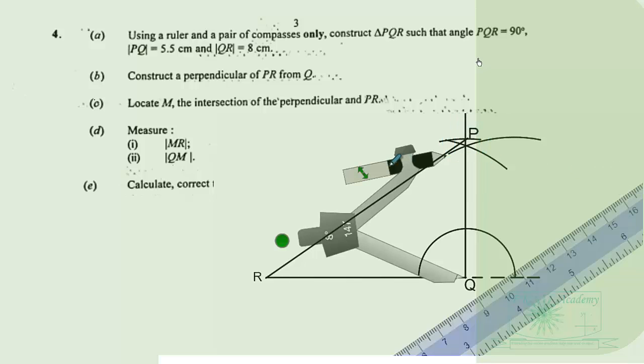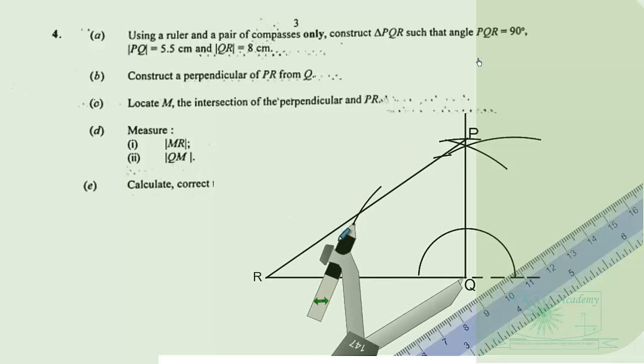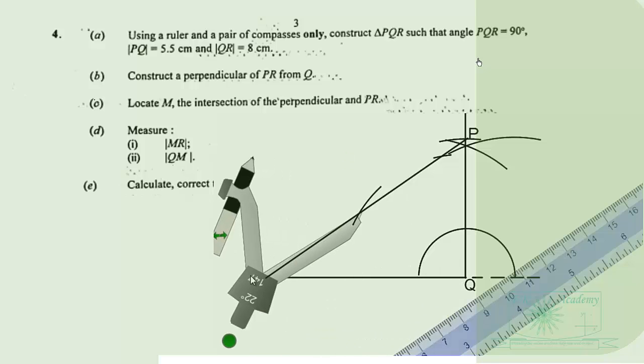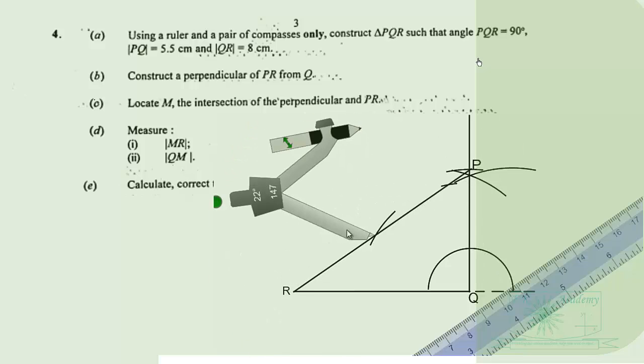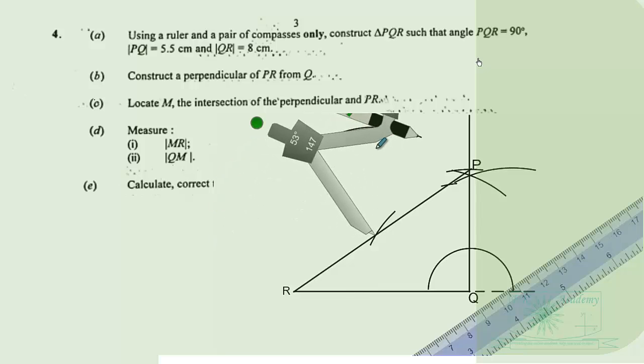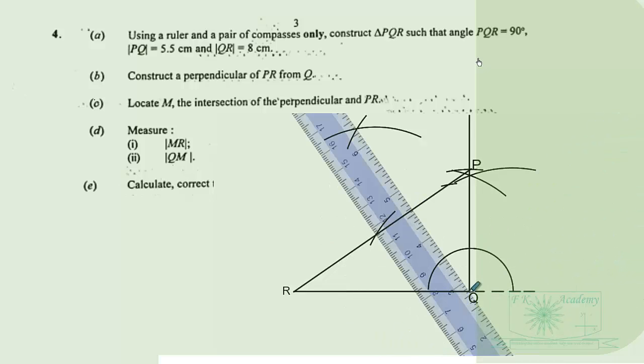So the next thing is to construct a perpendicular of PR from Q. So this is what we do. Then you stand at these two intersections, draw an arc, then draw another arc to intersect. You can now connect Q through that point to meet PR.